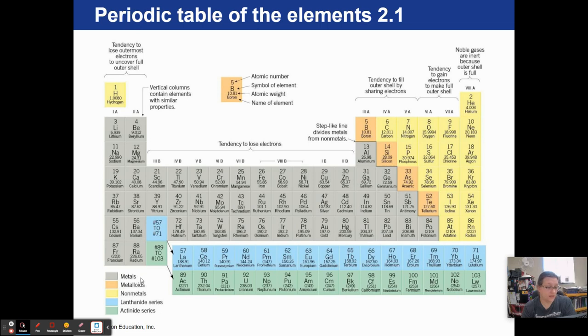And then you can see there's a large section of elements that are considered a type of metal, kind of an in-between metal, and then a non-metal. And that will be important also when we look at how these different atoms combine to make the molecules that make up the minerals that make up the rocks.